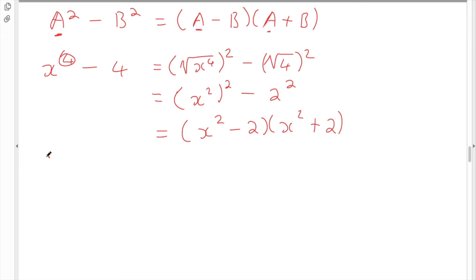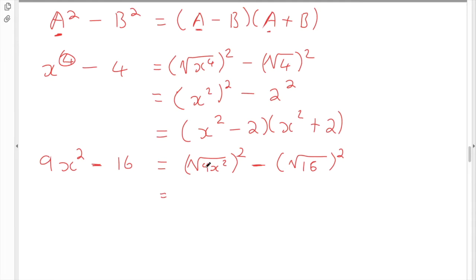Another thing that could happen is we could have a coefficient over here. So if we had 9x squared, to go back to the original case, minus 16, for example, then this is going to be the root of 9x squared minus the root of 16 squared. Right?